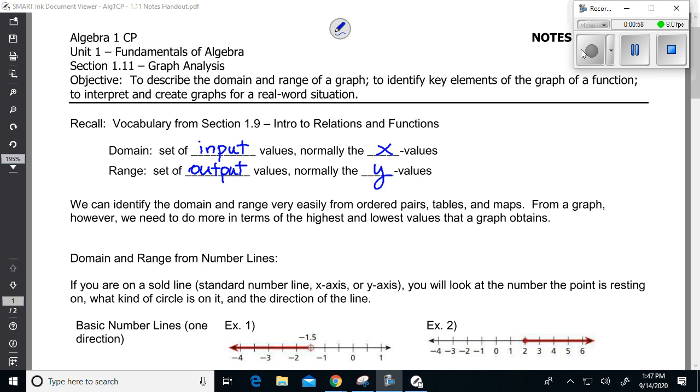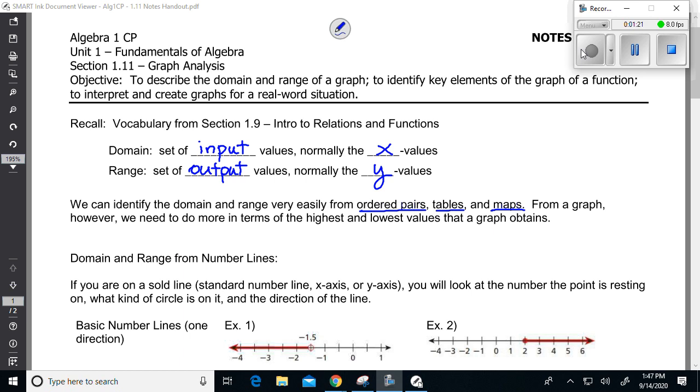So domain goes with x, range goes with y. Last week, we found the domain from ordered pairs, from tables, and from maps, which are very easy to do. All you're doing is just pulling the information off.